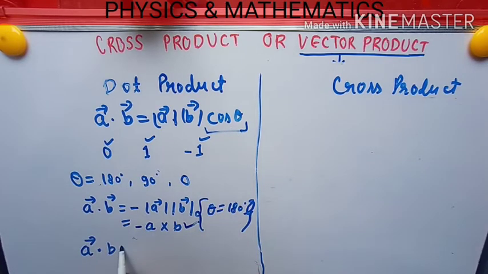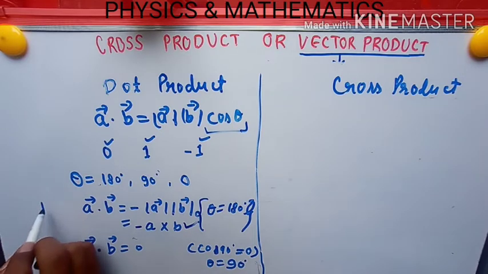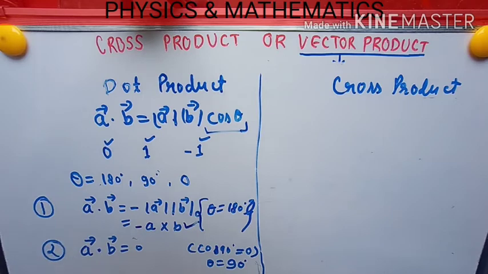So A dot B will be 0 when cos 90 is equal to 0, means theta is equal to how much? 90 degrees. This one is the second point. So first point and second point. Now what about the third point?